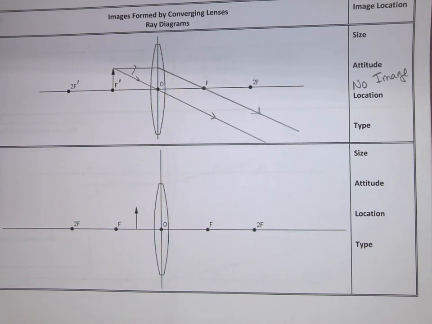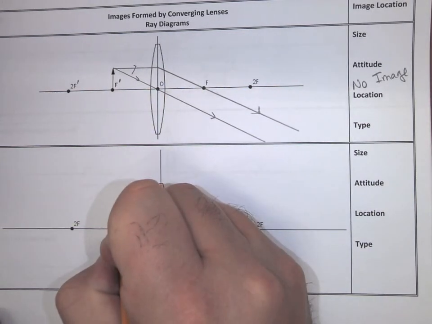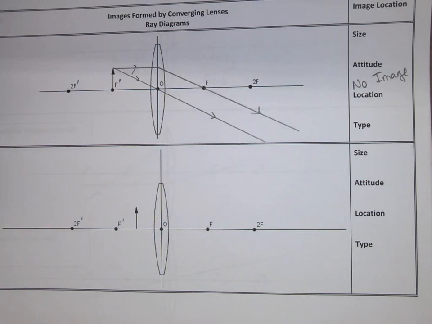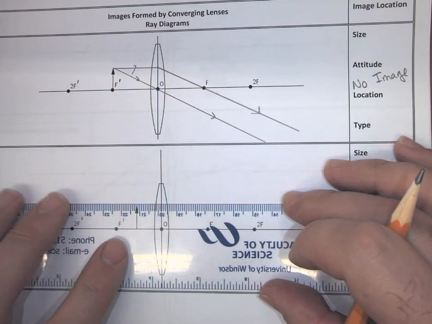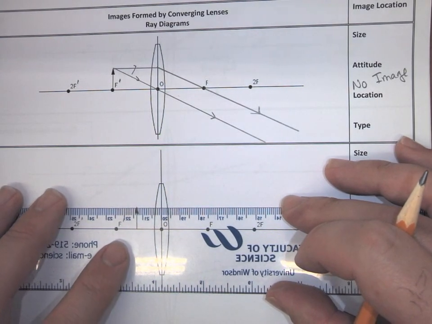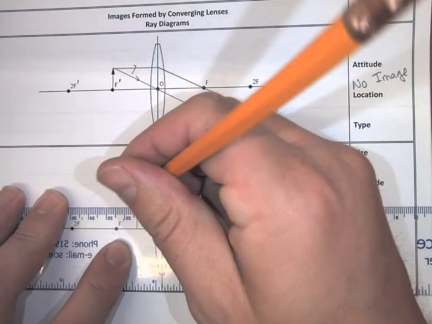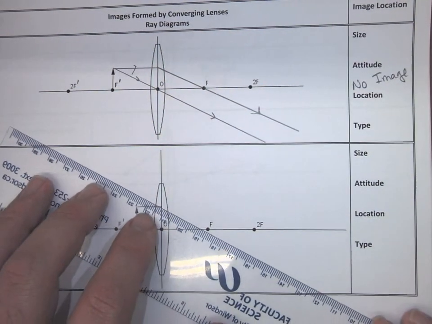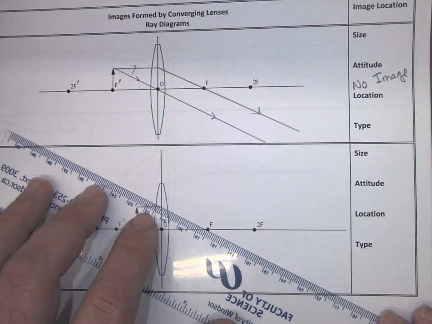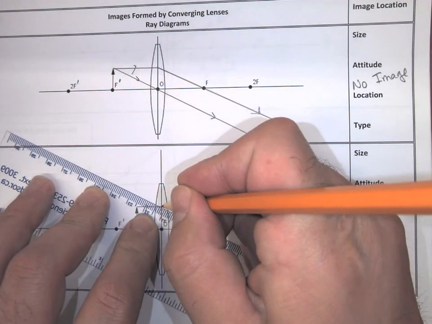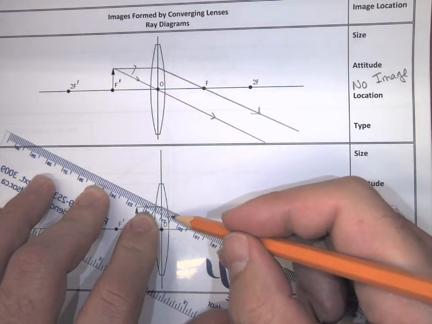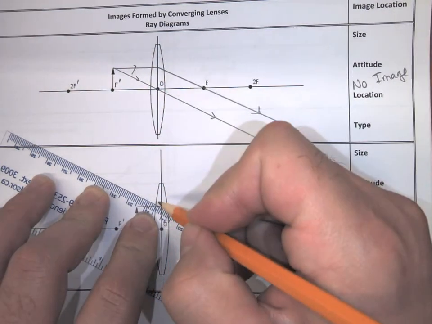And finally, case number 5, our object is located between the secondary principal focus and the optical center. Ray number 1 is parallel to the principal axis through the focal point. Now what's going to happen here is our refracted rays are actually going to diverge.